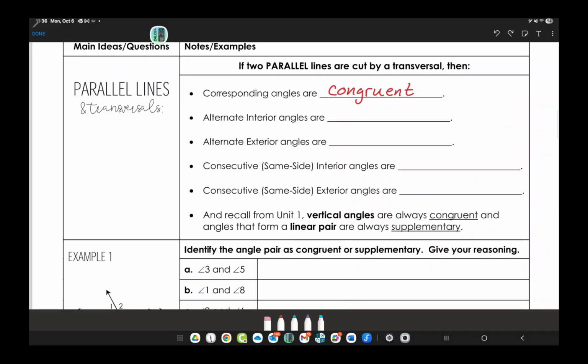The interior angles are congruent, and this makes everything happen. All exterior angles are congruent. The same side interior angles and same side exterior angles, though, are supplementary.